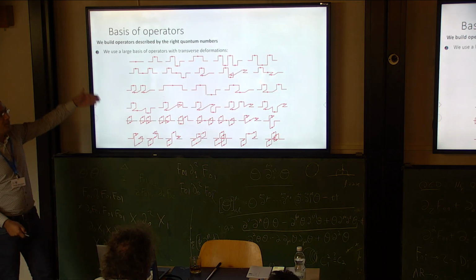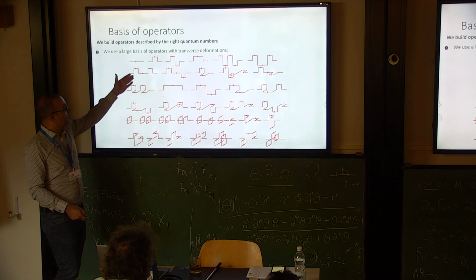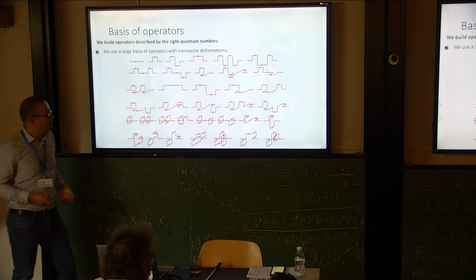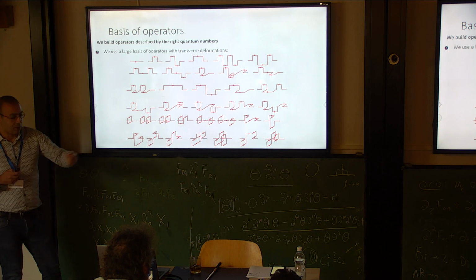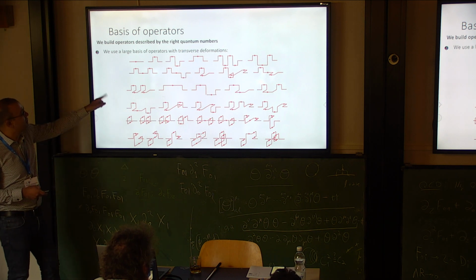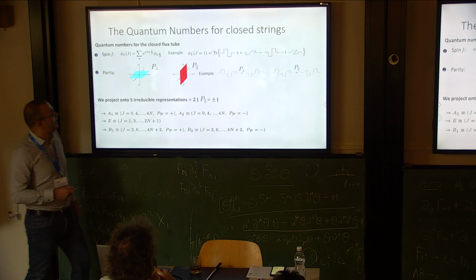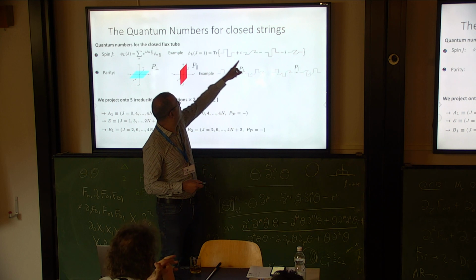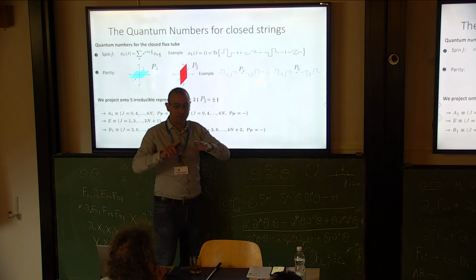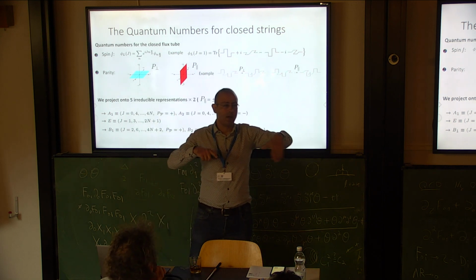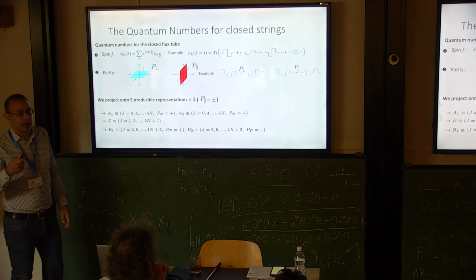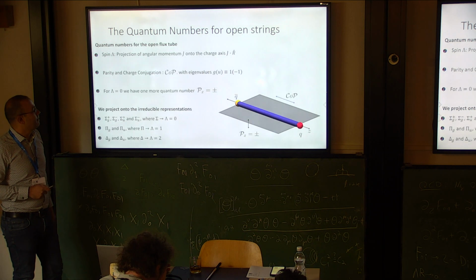These are what one can use to create these flux tube operators. So we use these deformations. For instance, here I gave an example of an operator that projects onto j equals 1. You have to take these and rotate them so that you can project onto the right spin or the right parity and so forth.